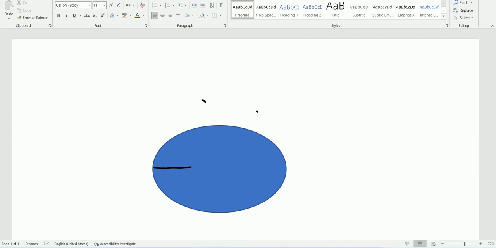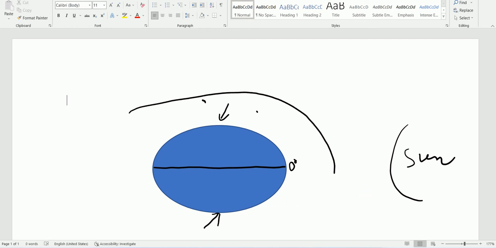Just here, this is the equator, and these are the poles. Let us say here we have the sun, and this is the atmosphere.